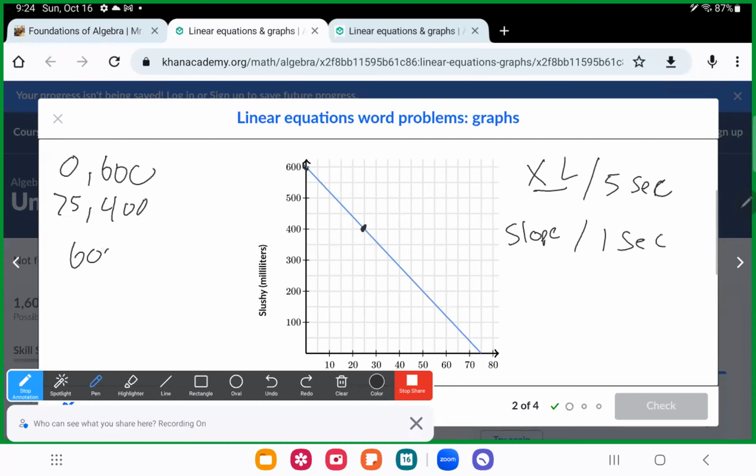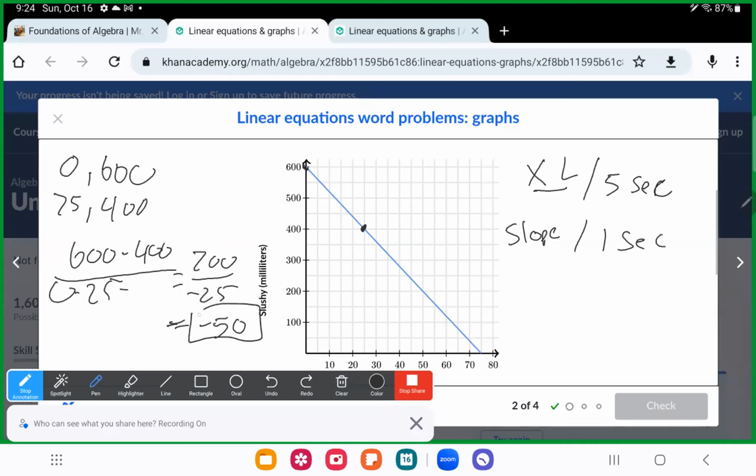So I'll set up a little slope formula: 0 minus 25. And so we get 200 over negative 25, which is like negative 50, right? So the slope is negative 50. Negative 50 milliliters every 1 second.